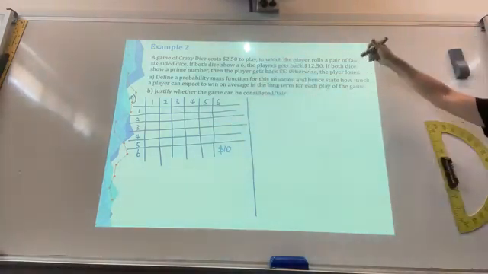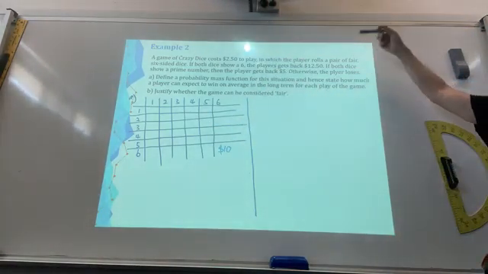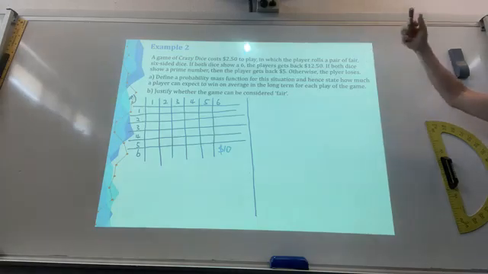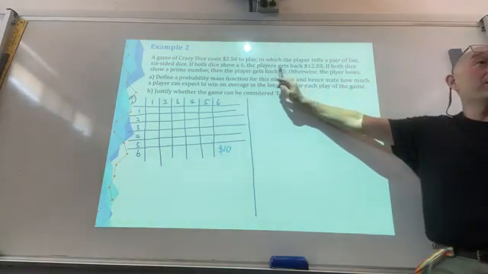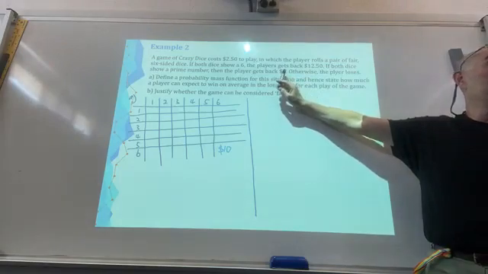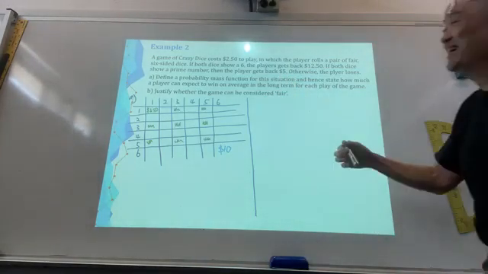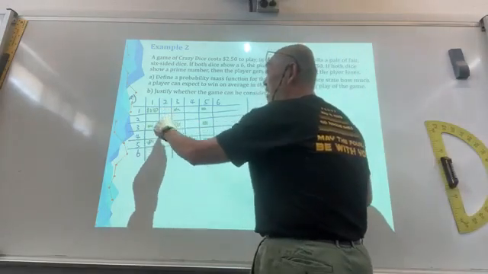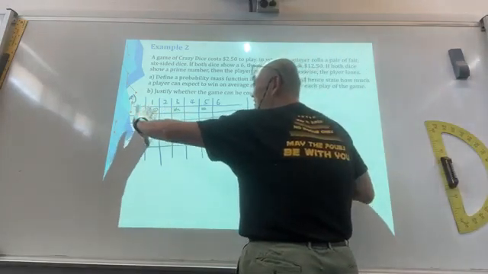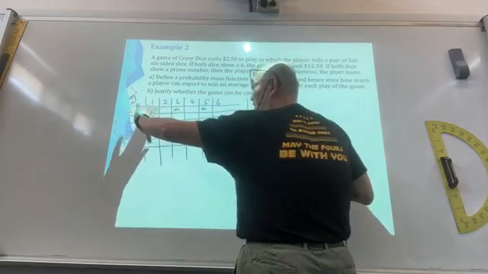The next one, thinking about a prime. If both dice show a prime, the player gets back $5. So how much do they win? $2.50. This is where I made a mistake. This should have been prime and prime, so I just have to move that across. My fault.